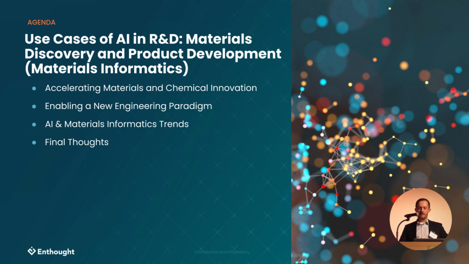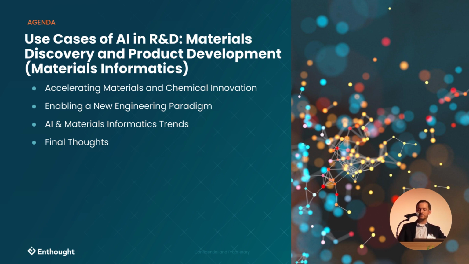Today I'm going to emphasize that materials and chemical innovation, due to the adoption of machine learning and AI technologies, is accelerating, and that this is enabling a new product engineering paradigm that could present major business opportunities for both materials and chemical suppliers, as well as the firms that rely on materials innovation to differentiate their engineered products.